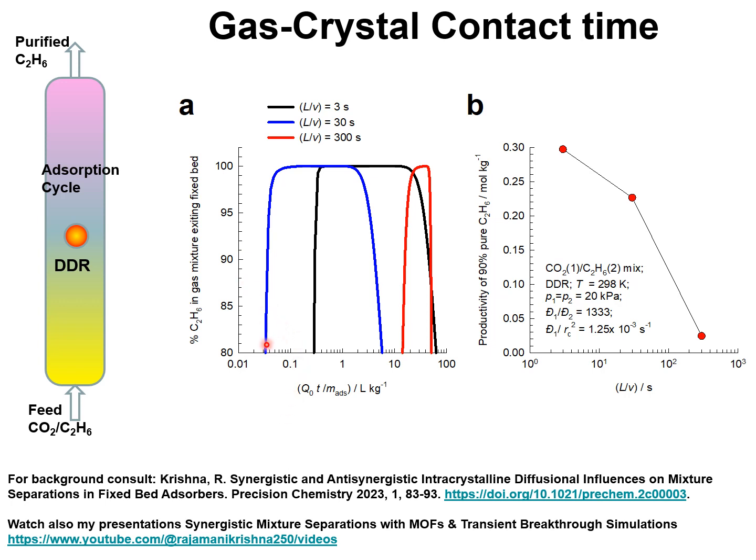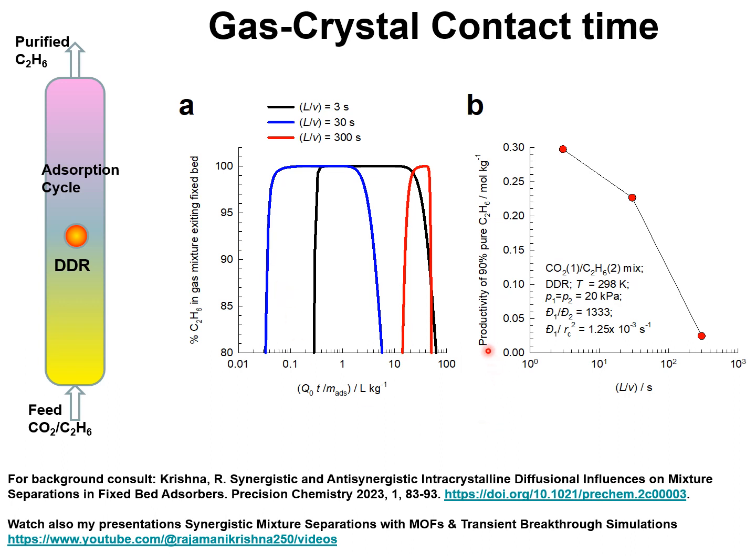On the basis of a material balance, we can determine the productivity of purified ethane containing less than 10% CO2 using a material balance on the fixed bed adsorber.